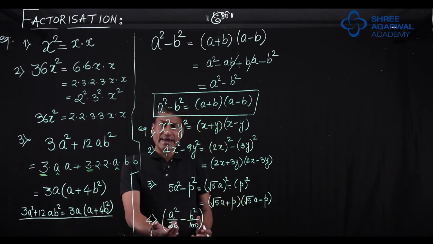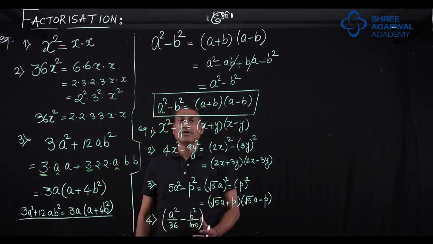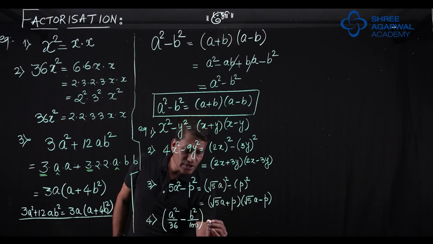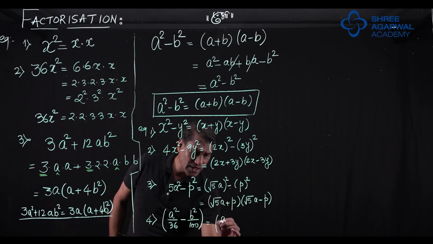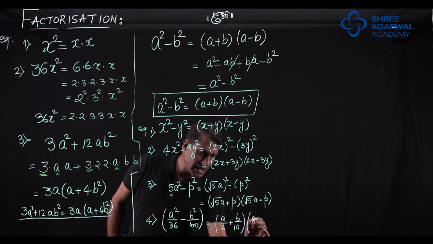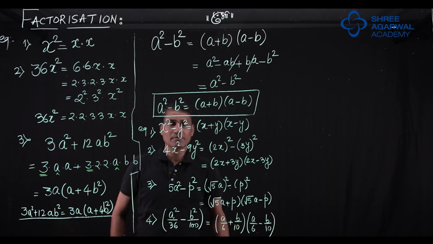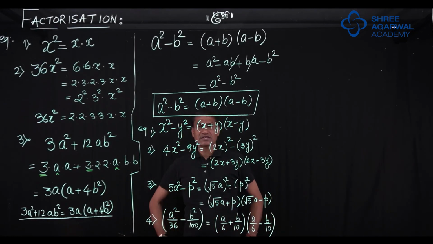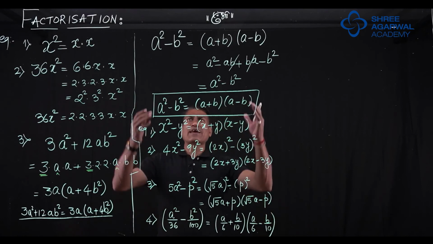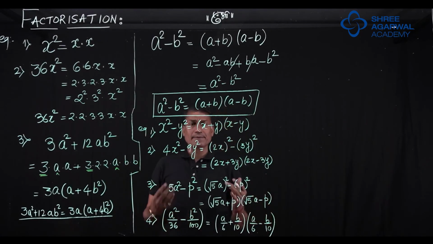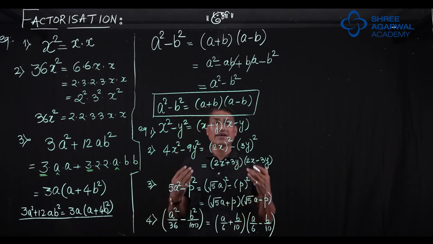If you see, our a is a upon 6, our b is b upon 10. The original terms you should be able to identify. And so the factors will be a upon 6 plus b upon 10 and a upon 6 minus b upon 10. I hope you are understanding. So this is how the factors of a square minus b square can be understood, and we can factorize.